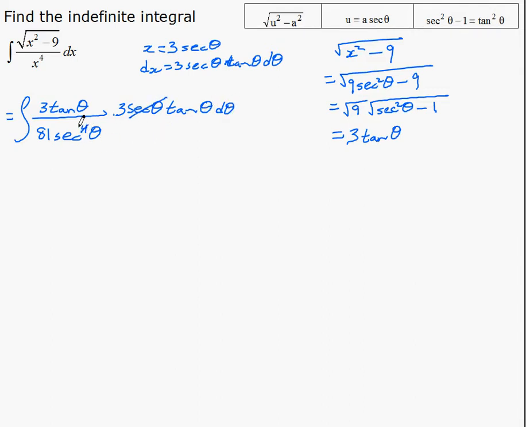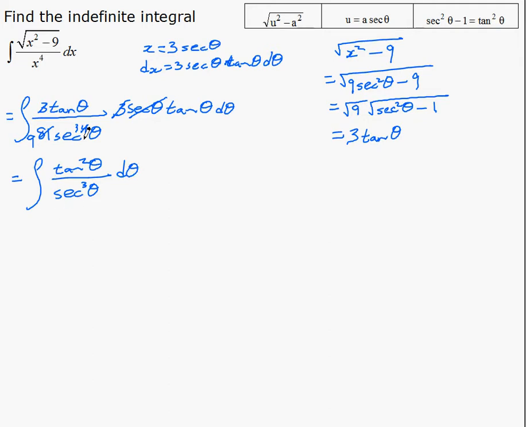A secant is going to cancel here, leaving 3 in the denominator. 3 and 3 gives 9, which cancels with 81 to leave 9. So we end up with the integral, tan and tan is tan squared theta over secant cubed theta d theta.